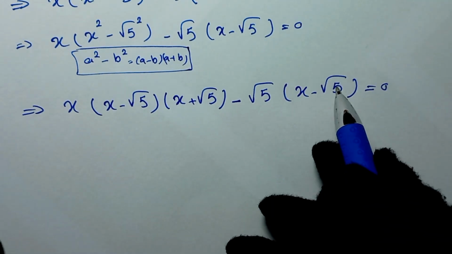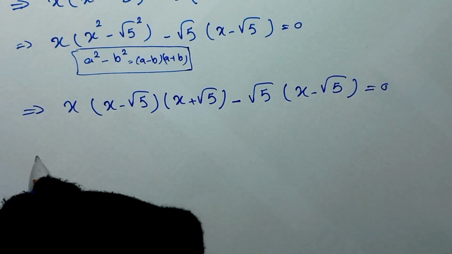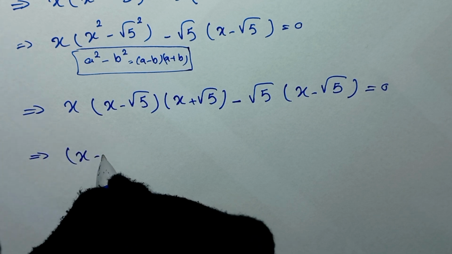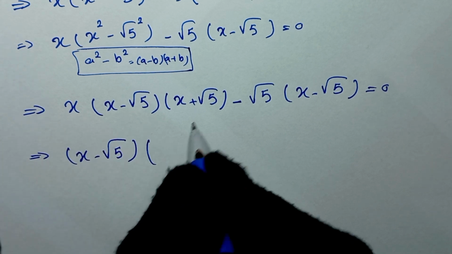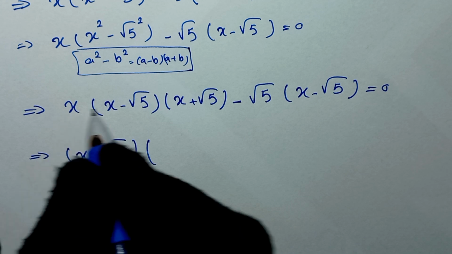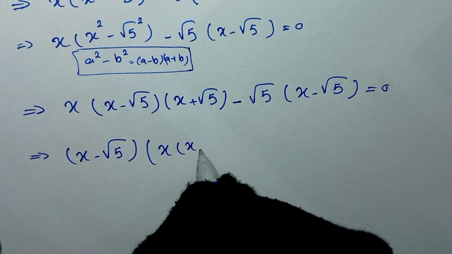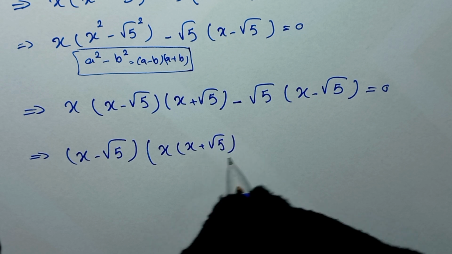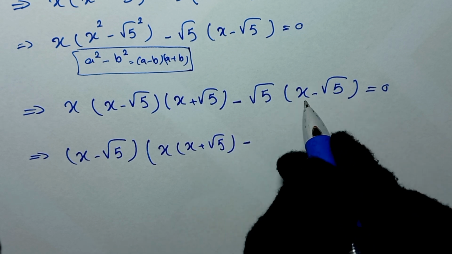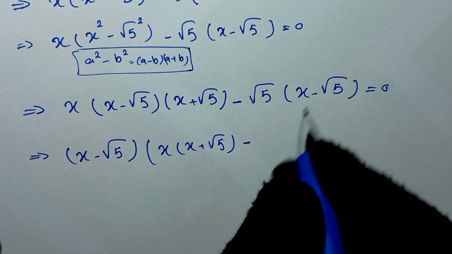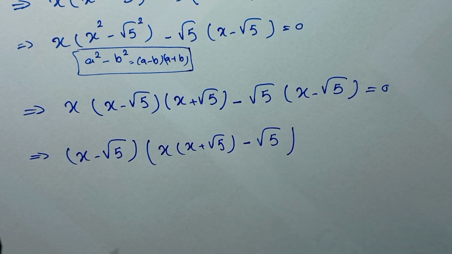And x minus square root of 5 is common, so we factor x minus square root of 5. And for this part, we have x times x plus square root of 5, and minus this, minus square root of 5, right?